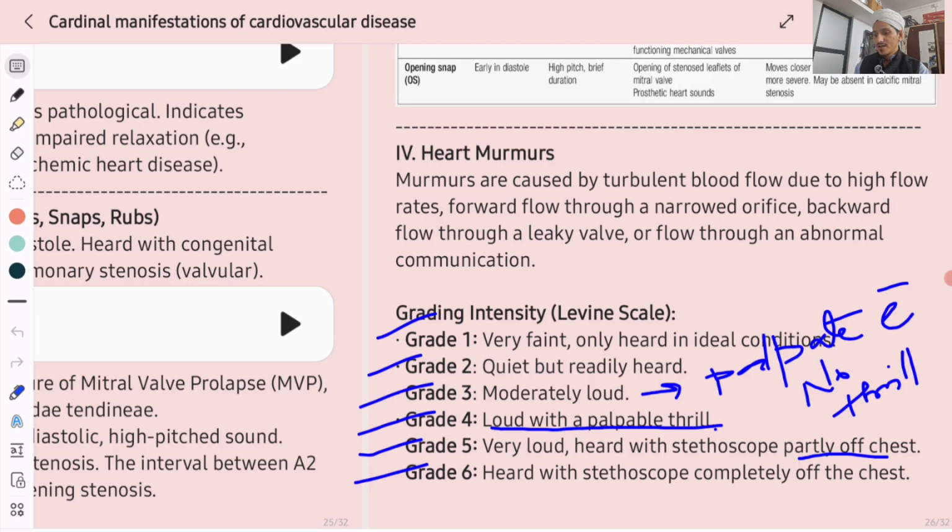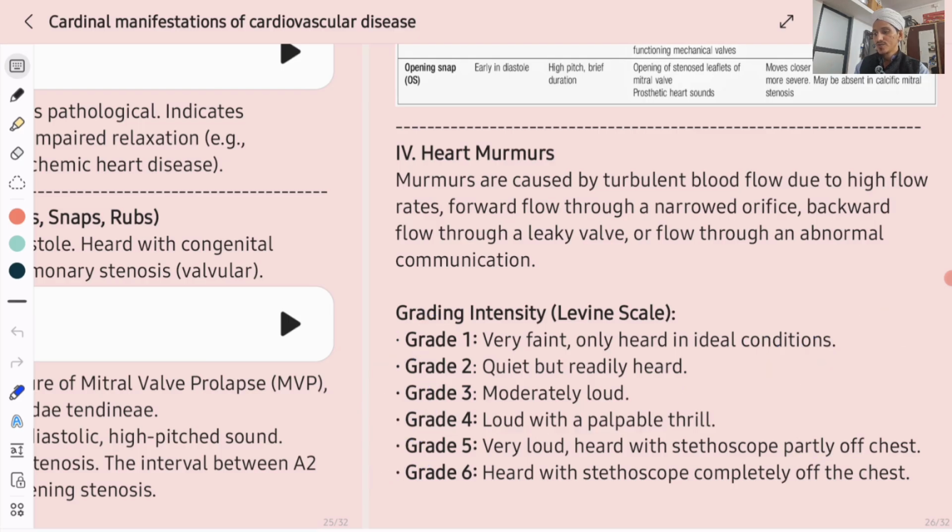One important thing you should remember is that up to grade 2, usually the murmurs are innocent. Up to grade 2, murmurs are considered innocent if they are asymptomatic and there are no abnormalities in ECG and chest X-ray.